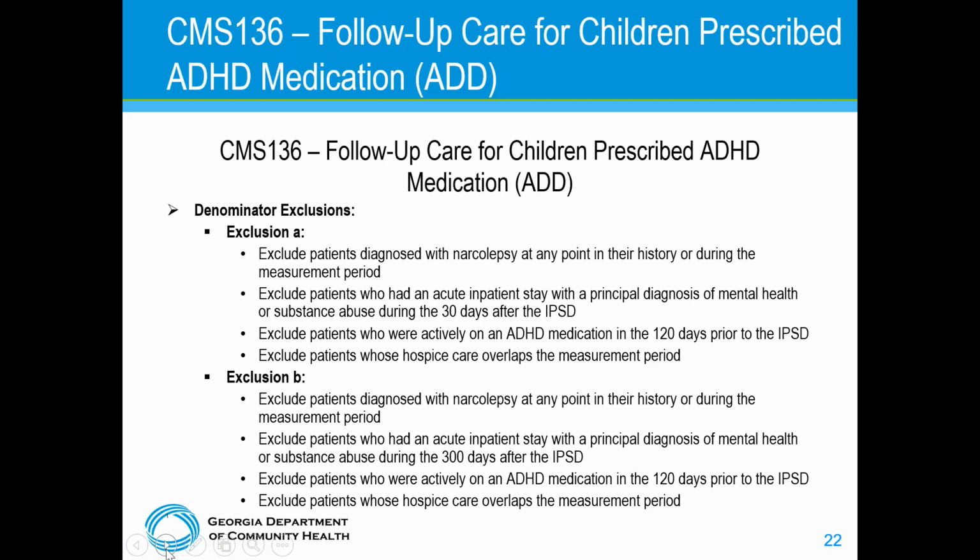For the first rate, the patient who had an acute inpatient stay with principal diagnosis of mental health or substance abuse during the 30 days after the prescription start date. And then for the second rate, it's those who had an inpatient stay during the 300 days after the prescription start date. So who will be excluded from this measure? I've already told you about that. Next slide.